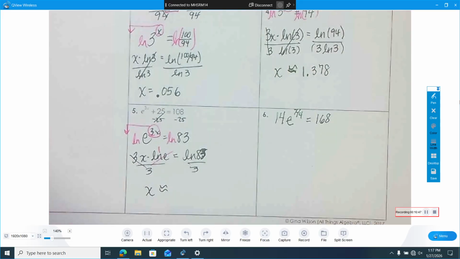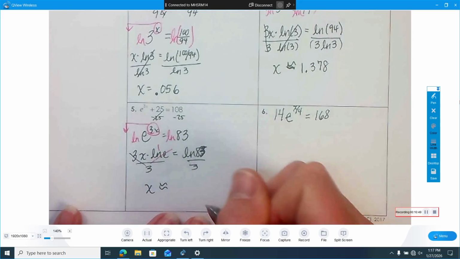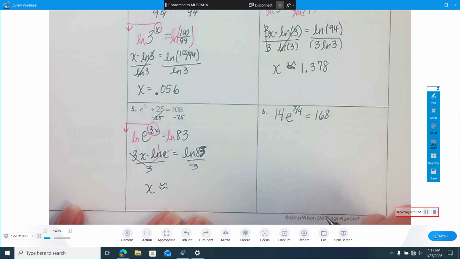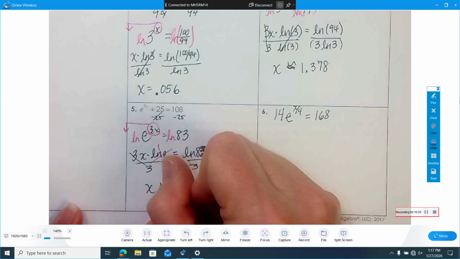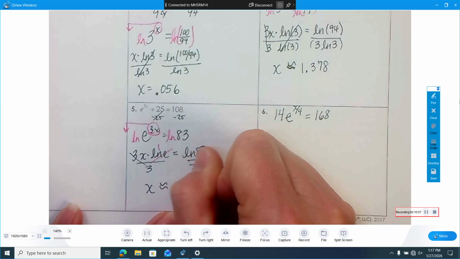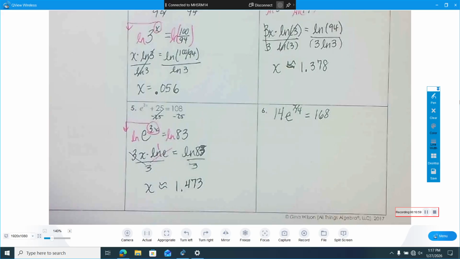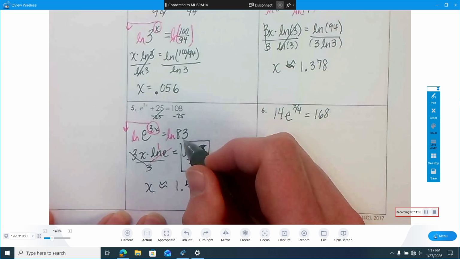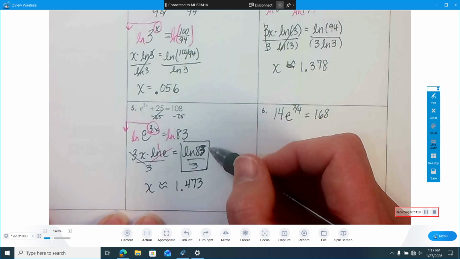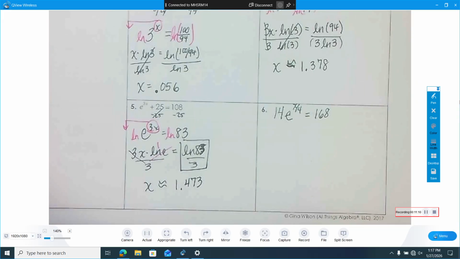What are y'all getting? 1.473. Good. These are never going to give us exact answers. So this is a perfect exact answer, but if we plug it into our calculator, we should get 1.473-ish.